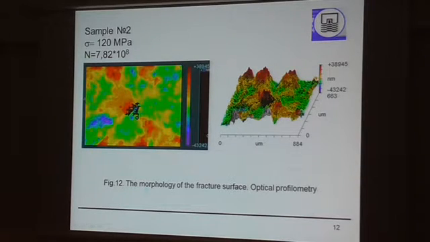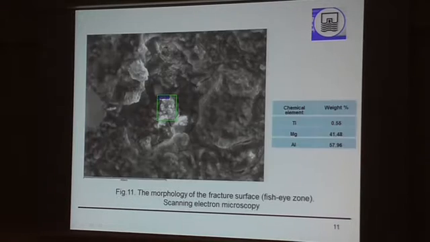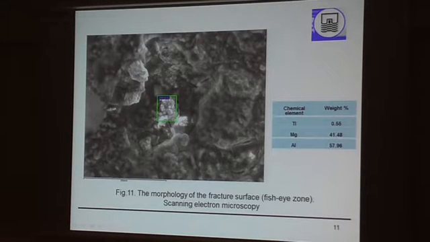And we support a diffusion mechanism of crack initiation, the so-called Gorsky effect, which occurs under gigacycle fatigue. In this case, magnesium atoms, having a larger radius, move to the stretched crystal region and aluminium atoms of smaller radius move to the compression region. Or maybe an intermetallic inclusion is present in the center of the fisheye zone.